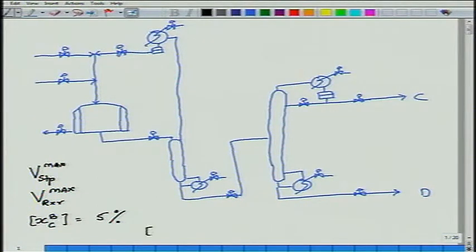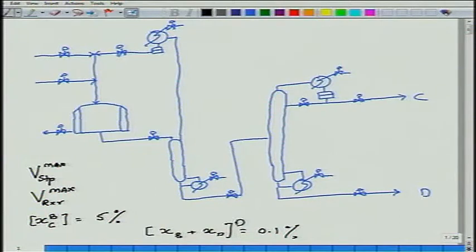What else? X B plus X D in the distillate of the product column should sum to 0.1%. That is what will give you 99.9% pure product.